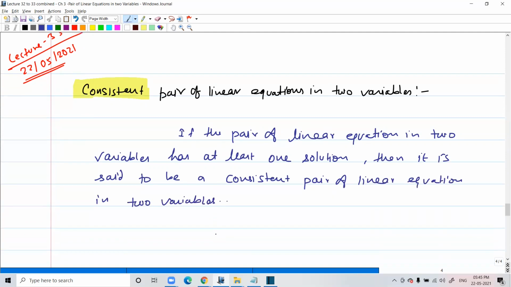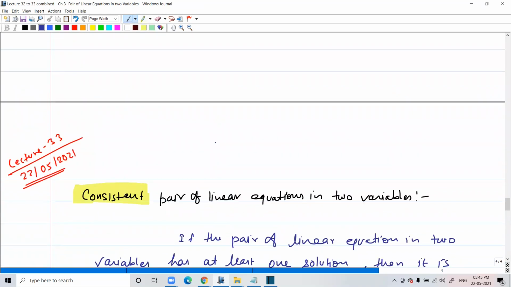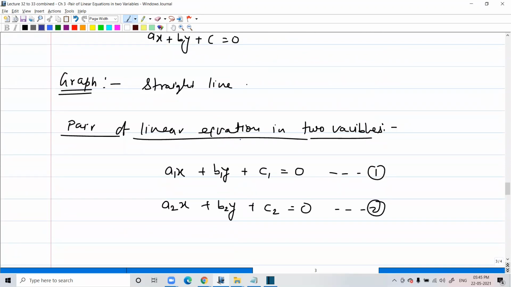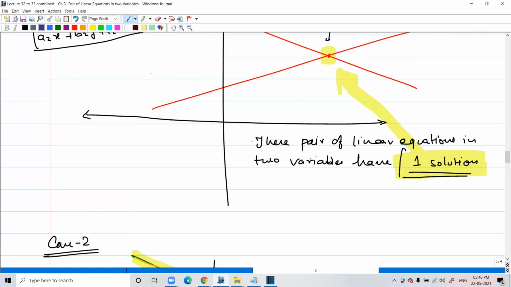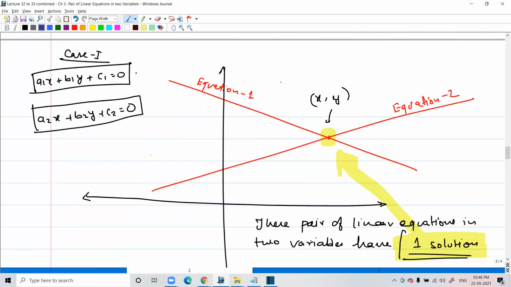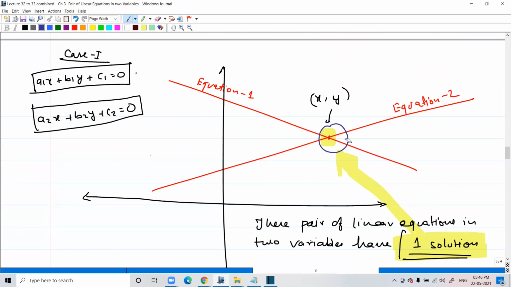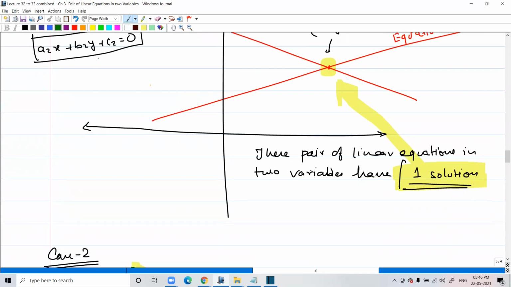Do you understand this statement, guys? If they have at least one solution, which two cases will fall under this category? Is case one consistent? Are these two equations which meet at one point consistent equations or not? They have one solution, right? That means they are a consistent pair of equations.